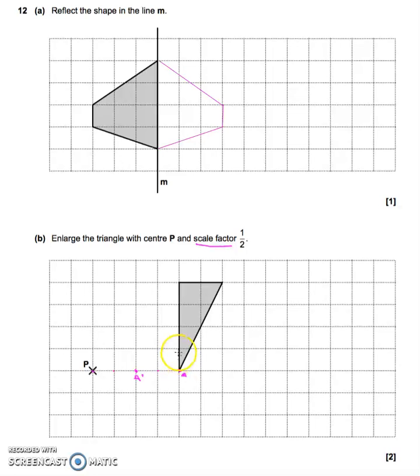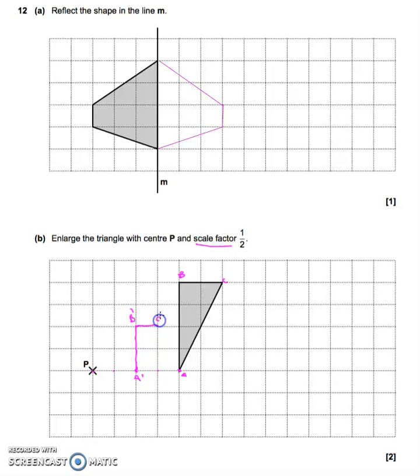Now we have to enlarge the shape by the scale factor of 1/2. So if we were to have gone 4 up here to maybe point B, we could then go up 2 because 1/2 of 4 is 2. So get a nice pencil and a ruler, and then we can label that one point B1 just for your reference here, and then across 2 squares here to get to point C would be across 1 square, because 1/2 of 2 is 1.